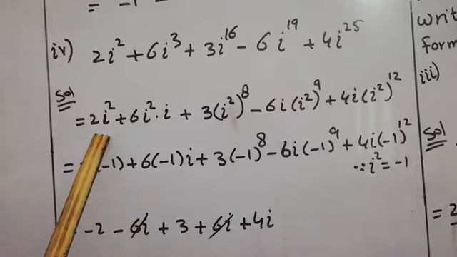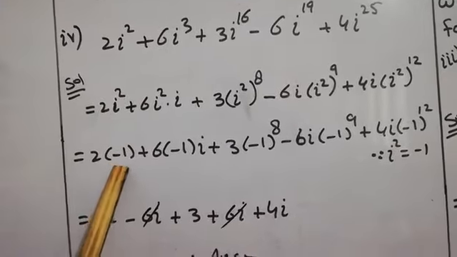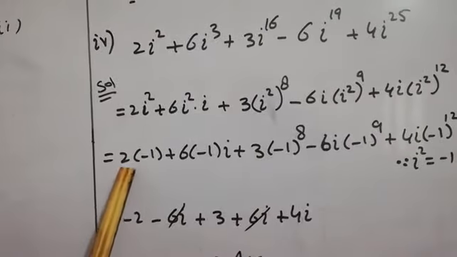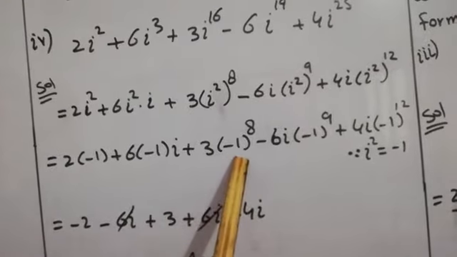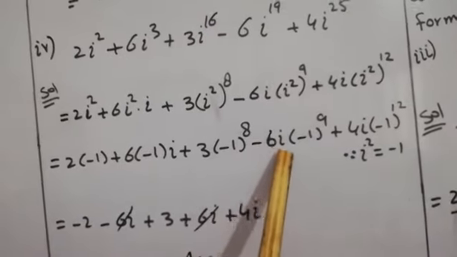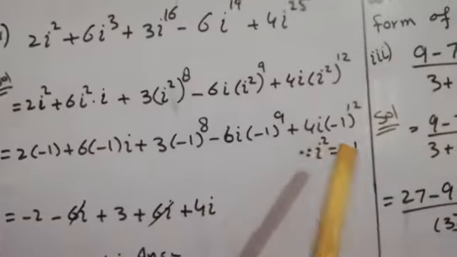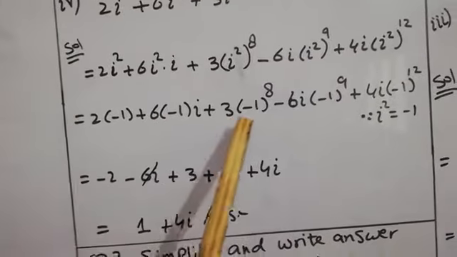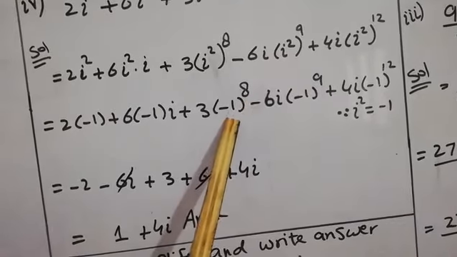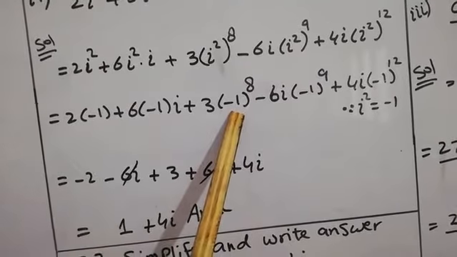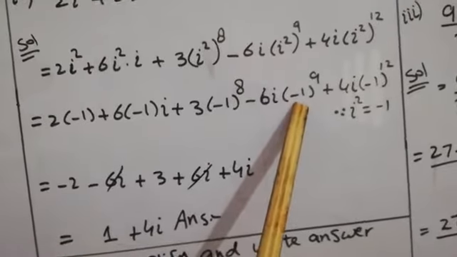Now we will write the value of iota square, which equals minus 1. We will put the value of iota square where we have it: 2 into minus 1 plus 6 into minus 1 iota plus 3 into minus 1 raised to power 8 minus 6 iota into minus 1 raised to power 9 plus 4 iota into minus 1 raised to power 12. My dear students, you know the rule that if the exponent or power is even, then we write the result as a positive value, and if the exponent is odd, then the answer will be written as it is.